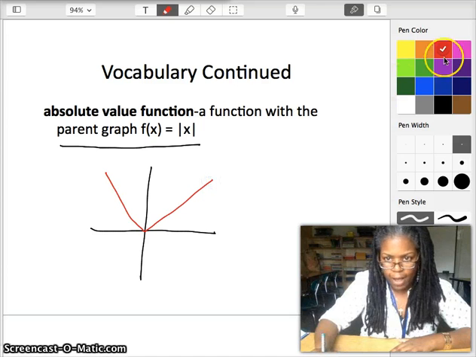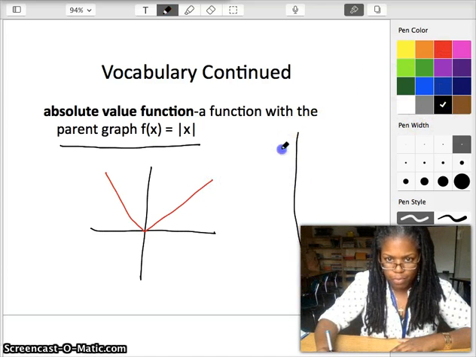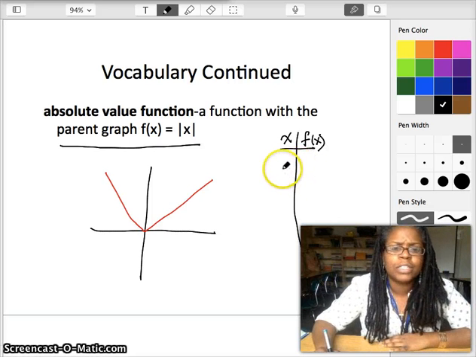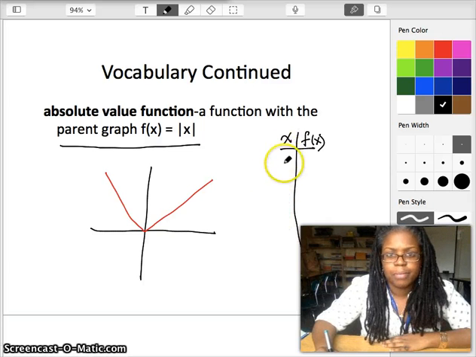And let's think about why. So I'm going to quickly jot down some terms. Remember, we can always use the XY chart or the f of x chart table, because it's really, really helpful. So I'm just going to plug in some numbers. If x was equal to -3, the absolute value of -3 is 3.